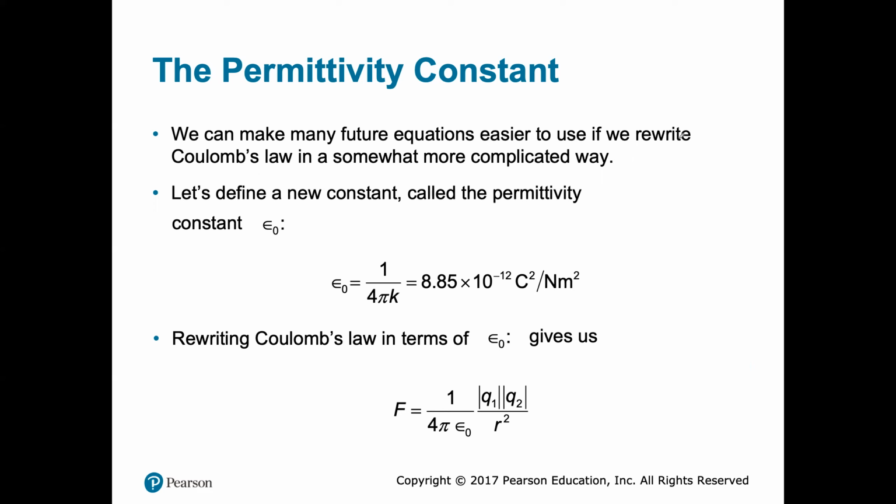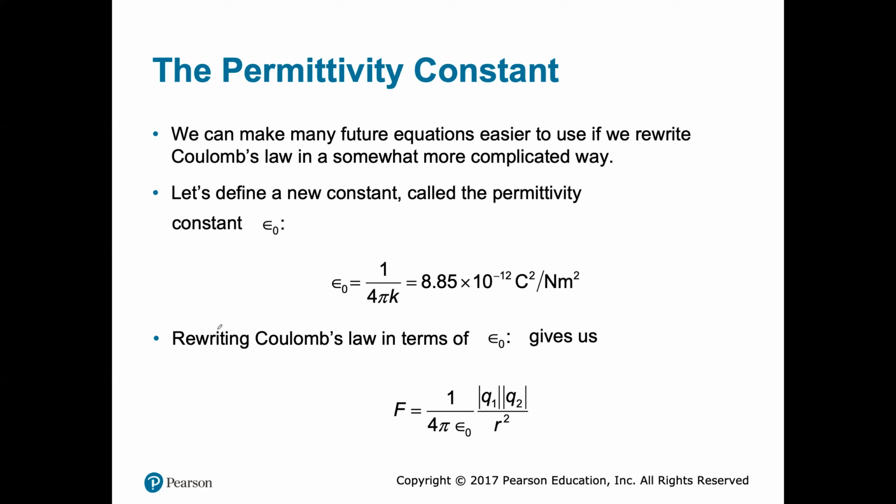So we can make many future equations easier if we rewrite Coulomb's law in a more complicated way. Actually, it's not complicated. Don't be afraid. If we define a new constant, the permittivity constant or dielectric constant, epsilon, then this epsilon is defined to be 1 over 4 pi k. K is the constant we introduced in Coulomb's law.